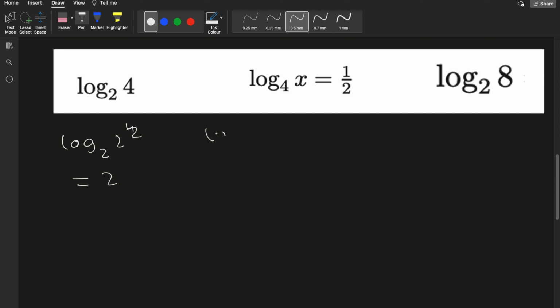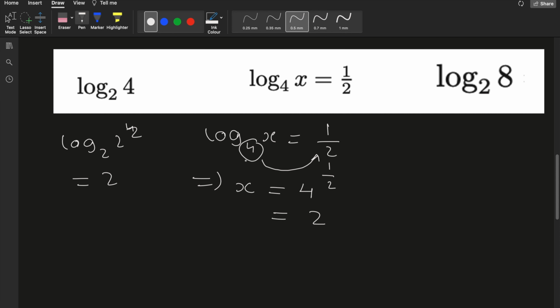Yeah, this may seem complicated, but I'll teach you something simple. 4 to the power of 1 by 2 equals x, because we'll use this snail rule, meaning the base would become the base of the exponent. Meaning if we move this here and make this the power, then we get the value of x. This implies x equals 4 to the power of 1 by 2. This equals 2.